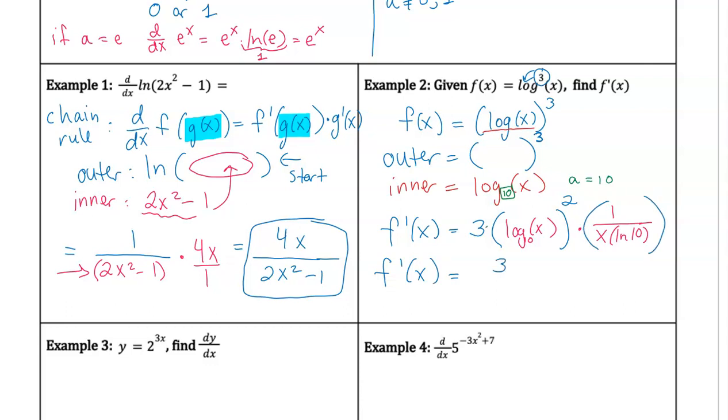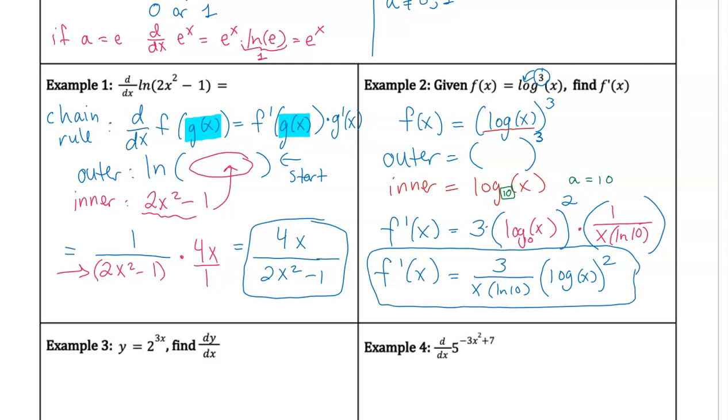We're going to think of it as 3 over x times ln of 10. And then all of that is being multiplied by the log of x squared. Or you can write that as log squared x, the way it was written up here, either way. And this would be our fully found derivative of this function. So this equation here would give me the slopes on the graph of this log cubed x function.